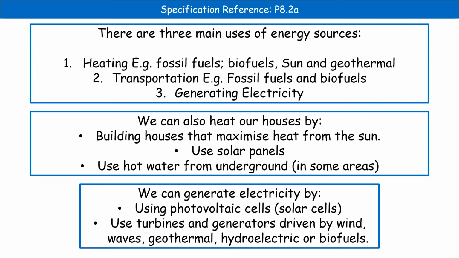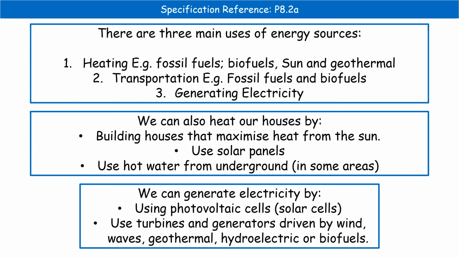Now, that's not the only way that we can actually heat our houses, by burning stuff, basically. We can do some rather clever designs in our homes. So if we think about it before we even start building a property, we can use ones that have things like south-facing windows, because the sun is always going to be shining on that part of the house, we will then have this passive heating effect.